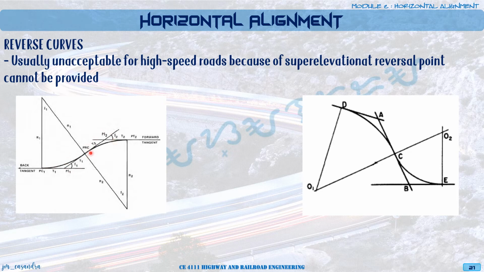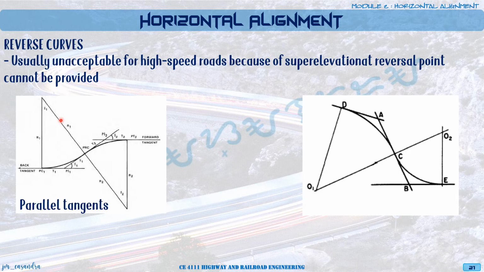So simple curves or compound curves. Because for high-speed roads, we do not expect a change in direction. So for high speed, it is usually straight, or it goes in one direction, either to the left or to the right.